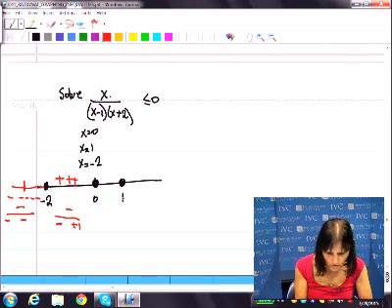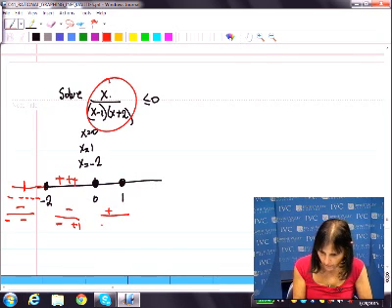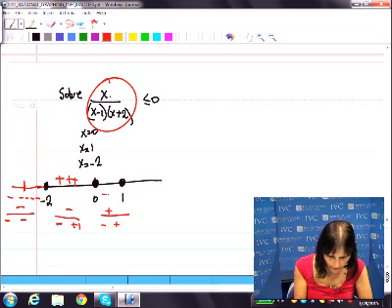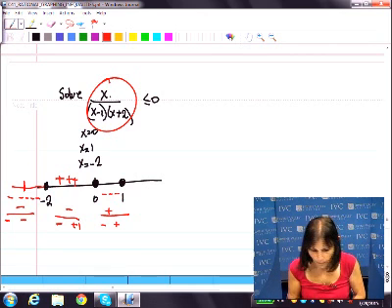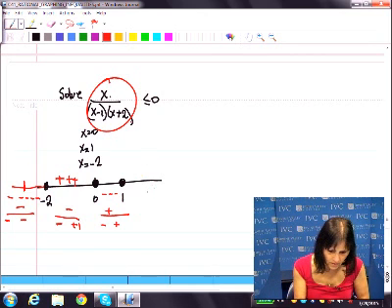Now test it between 0 and 1. Put like 0.5 or something. You're going to get a positive on top. I'm just plugging it in here. And then negative at the bottom. And then a positive. So what are you going to have? You're going to end up with a negative. All right, one more. Let's test another number like 5 or something.